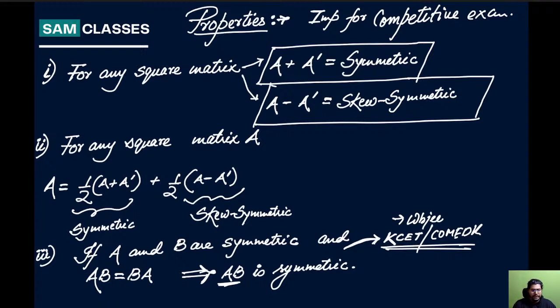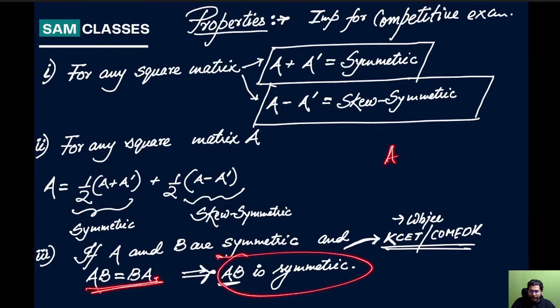We all know this. Any square matrix can be written as the sum of a symmetric part and a skew symmetric part. Very simple. Now, this property is very important. If A and B are symmetric and AB is given equal to BA, then what can you say? AB is symmetric.